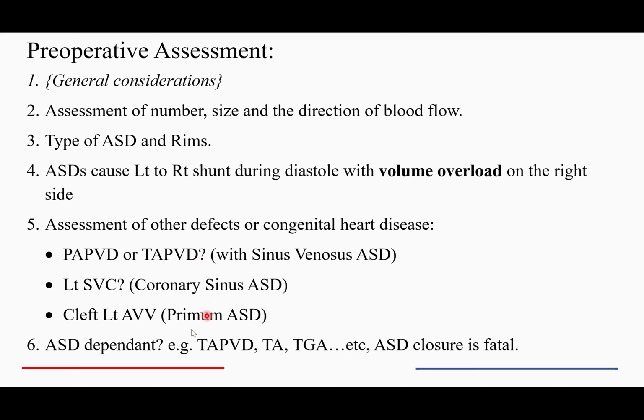If there is total anomalous pulmonary venous drainage, the shunting through the ASD is right to left, and if this ASD is closed by a device or surgically without noticing that it is a total anomalous, the patient may arrest on table, because the patient is dependent on the ASD for the perfusion of the left side of the heart.